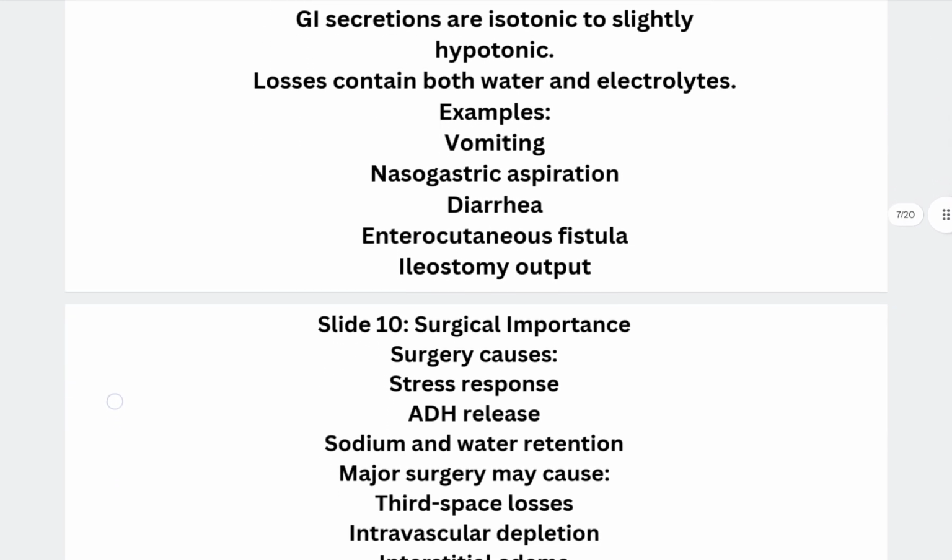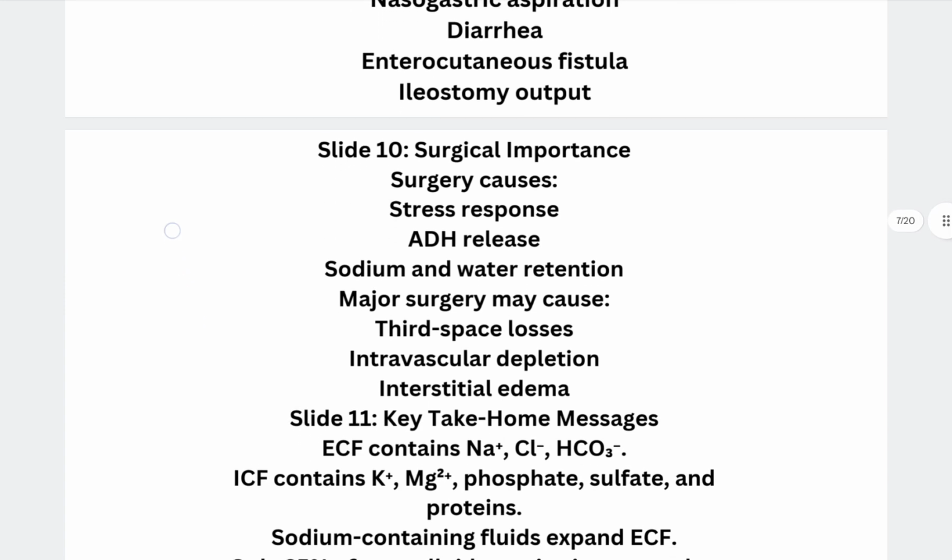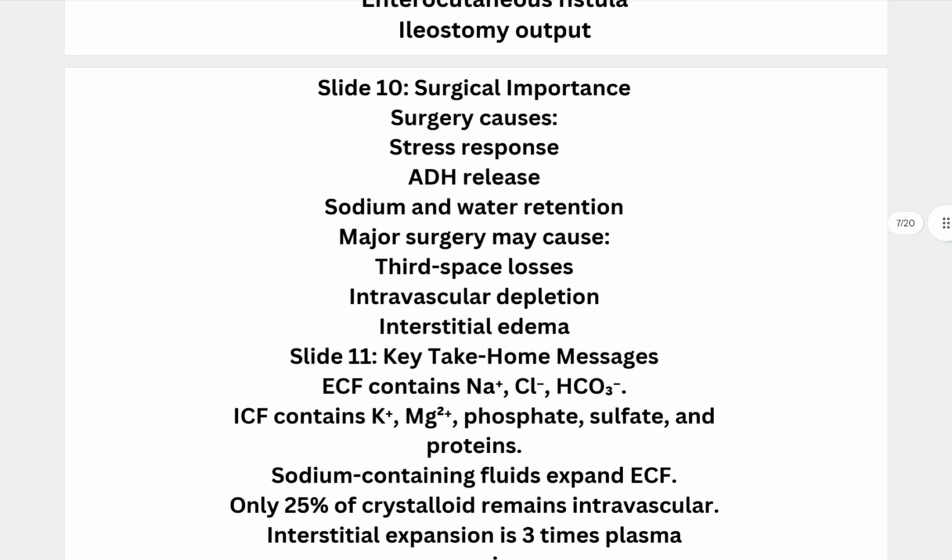Coming to the surgical importance, whatever the surgery, due to anesthesia stress and psychological stress, the patient will be under a lot of stress during the perioperative period.